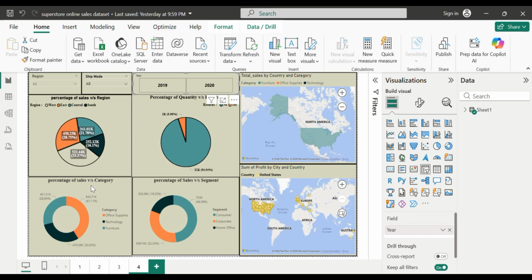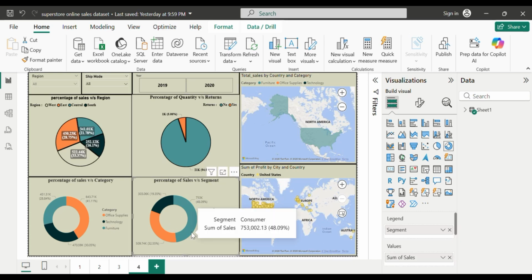By category, office supplies is 41% of sales, so office supplies has the most sales. Then furniture is 28.84% of sales, and the technology category is 30.05%. Then by segment, consumer buys the most, at 48.09% of sales.